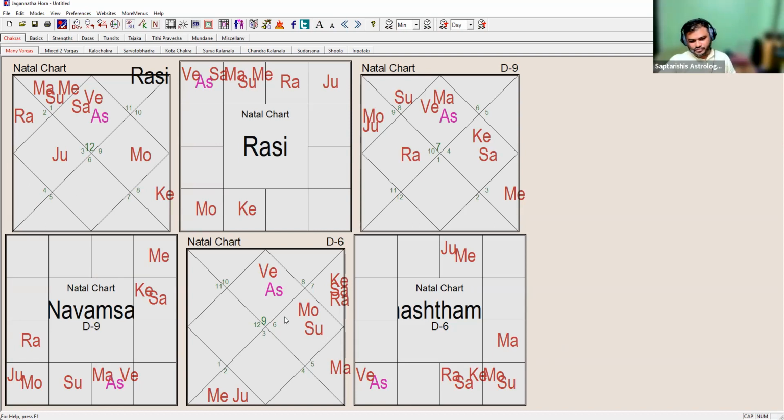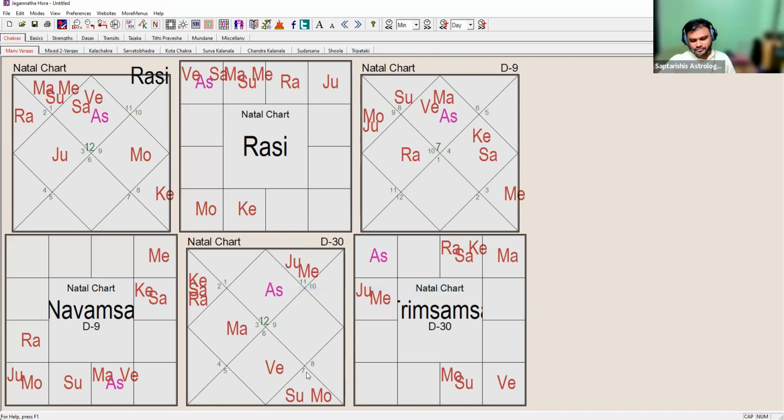5th house is there. Okay, now go to our D30 here.